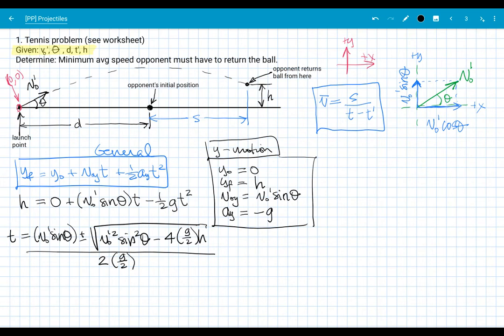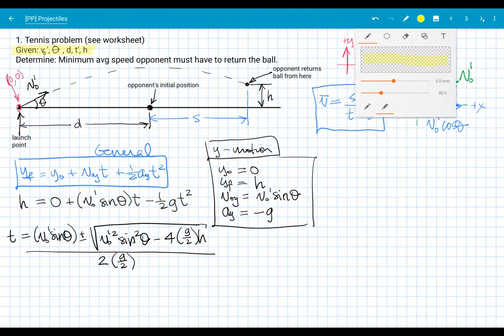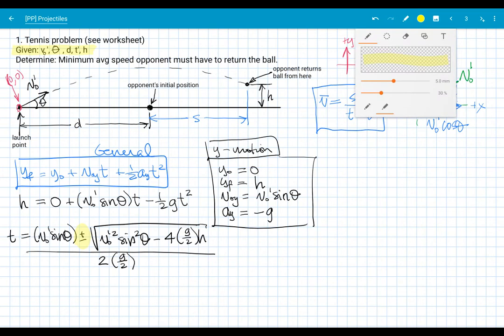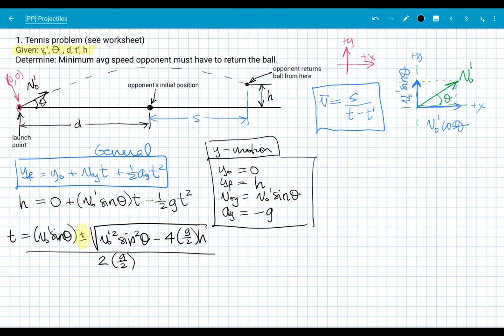Okay, so I want to draw your attention for a moment to this deciding here about the plus or minus. This is cool. It's symbolic, so you can see how things are going to work out with this problem. But what you'll notice is that we get two solutions, and they're both physical solutions. They're both positive solutions. You don't get a negative time.